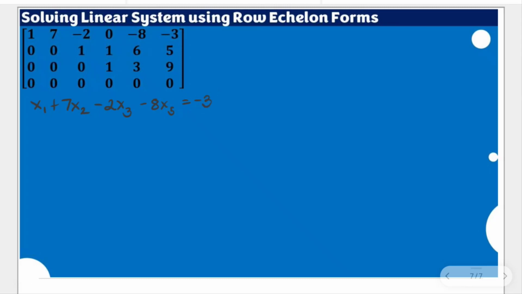The second row, you don't have x sub 1, you don't have x sub 2, you will have x sub 3 plus x sub 4 plus 6 x sub 5 is equal to 5. And for the third row, or the last row with non-zero entries, x sub 4 plus 3 x sub 5 is equal to 9. So we have these three different equations here.